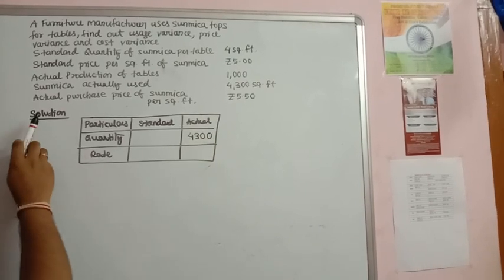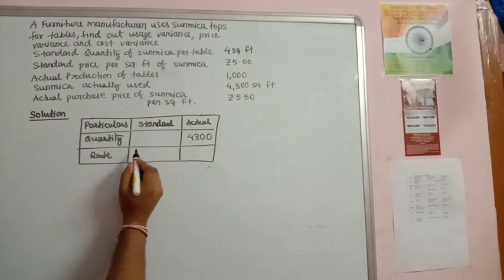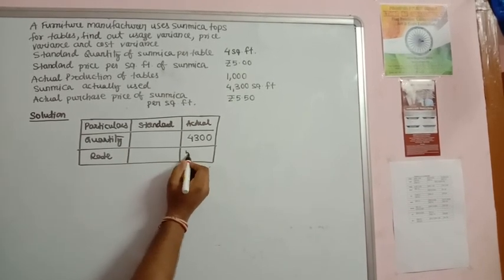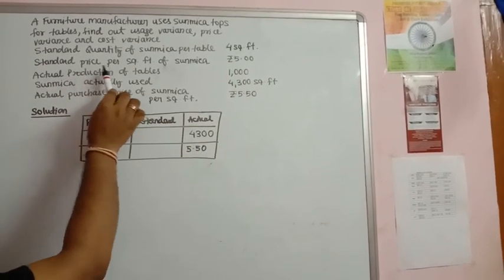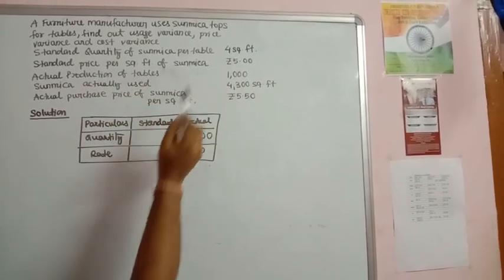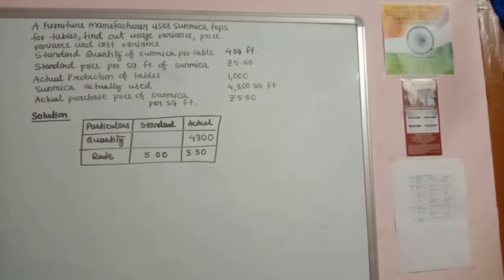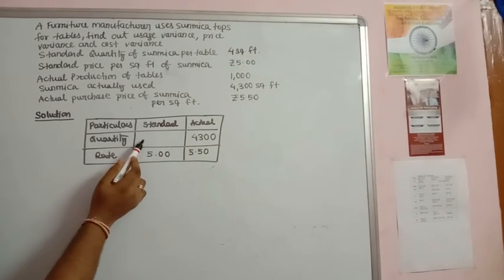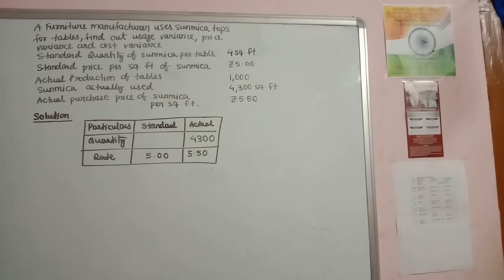Do you have the actual rate? Actual purchase price of Sunmica per square feet is 5.50. So we have the actual rate, that is 5.50. Do you have the standard rate? Standard price per square feet of Sunmica is 5 rupees. So this is the standard rate. So what is missing is the standard quantity. So first of all we have to find out the standard quantity, because only when we find out the standard quantity can we proceed with the numerical.